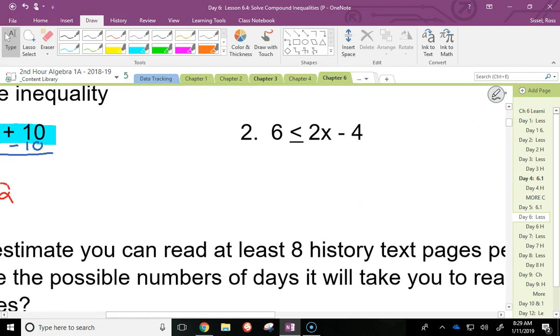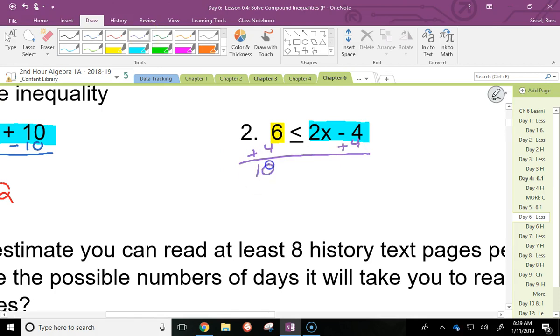Number 2, 6 is less than or equal to 2x minus 4. What are we going to do first on this one, Brianna? Add 4. Okay, so we're going to add 4 to both sides.